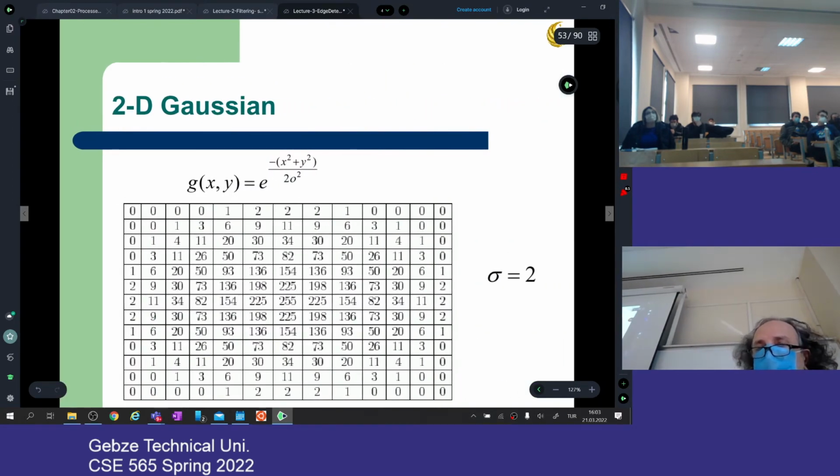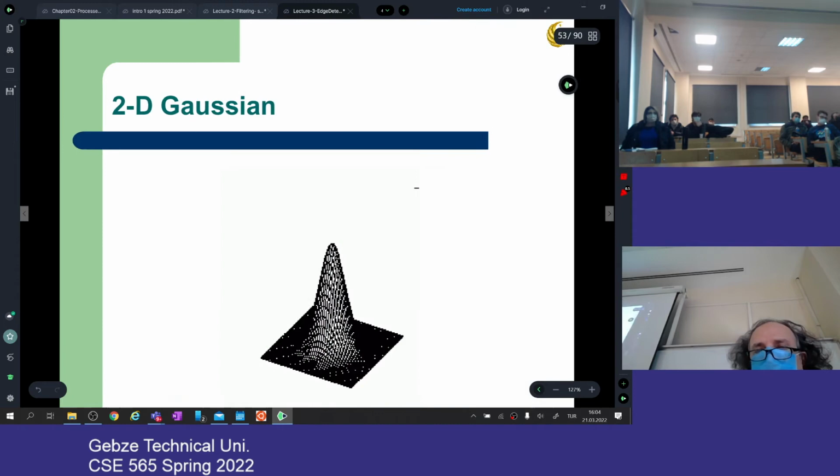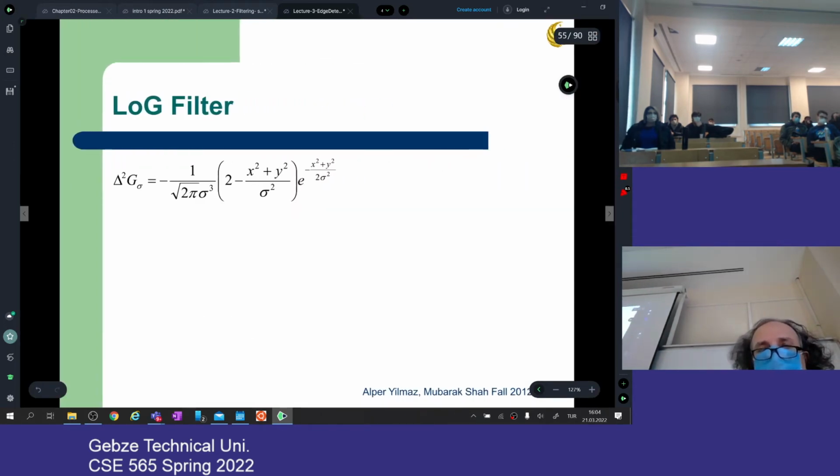And then in 2 dimensions, it looks like this. At the center, it is the largest, and like a circle, like this. It gets smaller and smaller with a sigma value of 2. This is a 2D Gaussian.